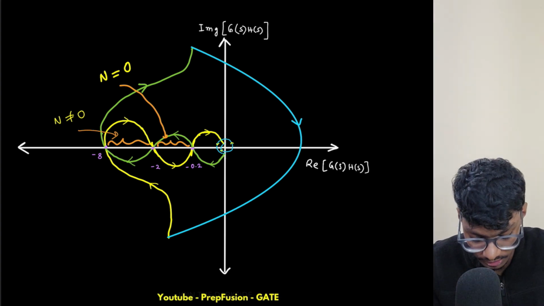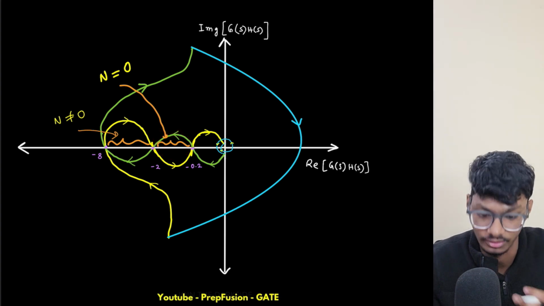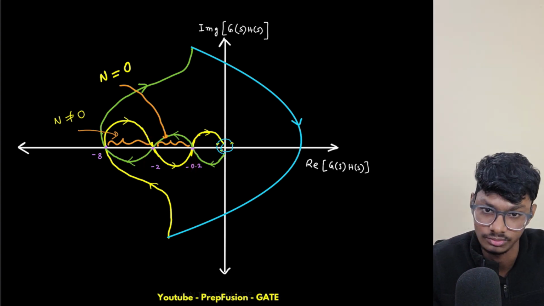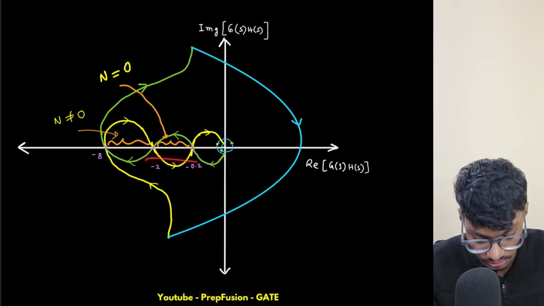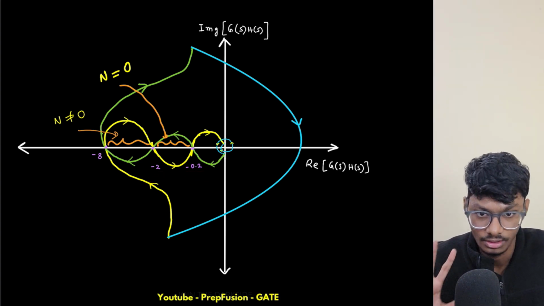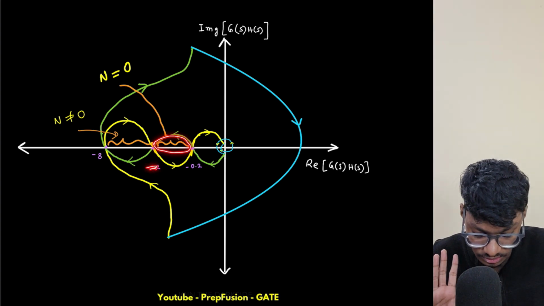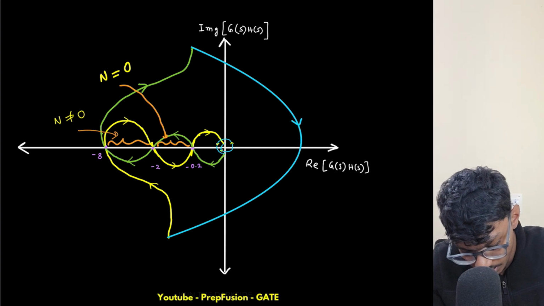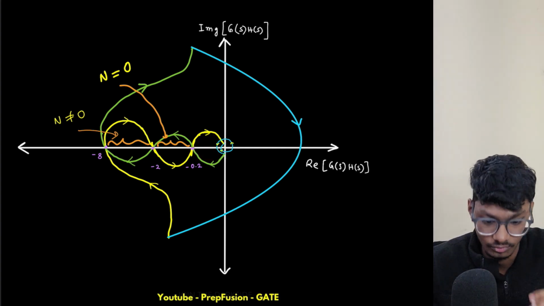If my critical point lies within this region, that is what I am trying to explain. Not between minus 2 to minus 0.2 exactly, because I am varying my k as well. I'm just trying to tell what the region is, not the exact values. The values will change. I will explain. Right now, if I lie within this region, what will happen?